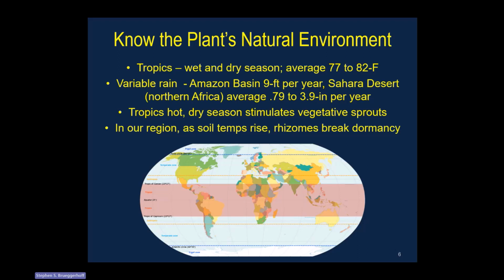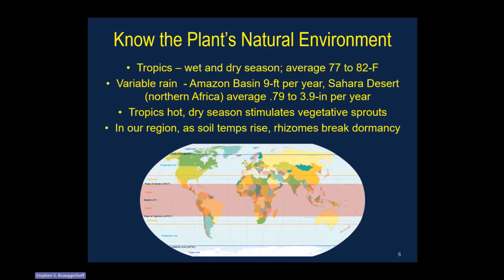So we understand that these plants are tropical plants. They perform best in temperatures averaging between 77 to 82 degrees. If they undergo a hot, dry season, it will stimulate vegetative growth. Understanding that helps us to understand when it's time to put these plants out or propagate them or have them start performing for us in our landscape.